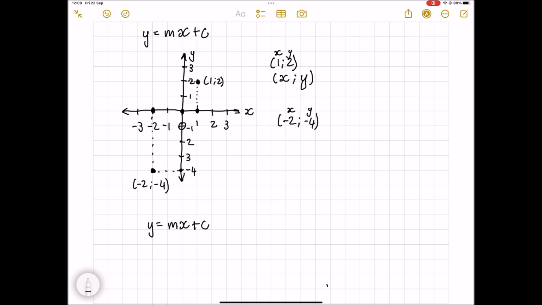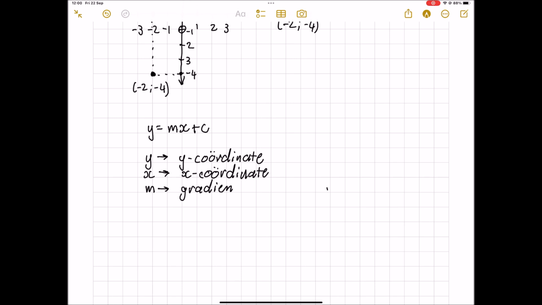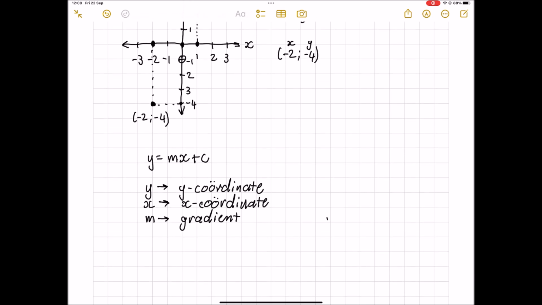With y equals mx plus c, y is your y coordinate, and same with the x, it's just the x coordinate, the ones that correspond with the values that you put in. And m is the gradient or the slope between any two points of the graph. Because it's a straight line graph, the m or the gradient is going to be the same everywhere.